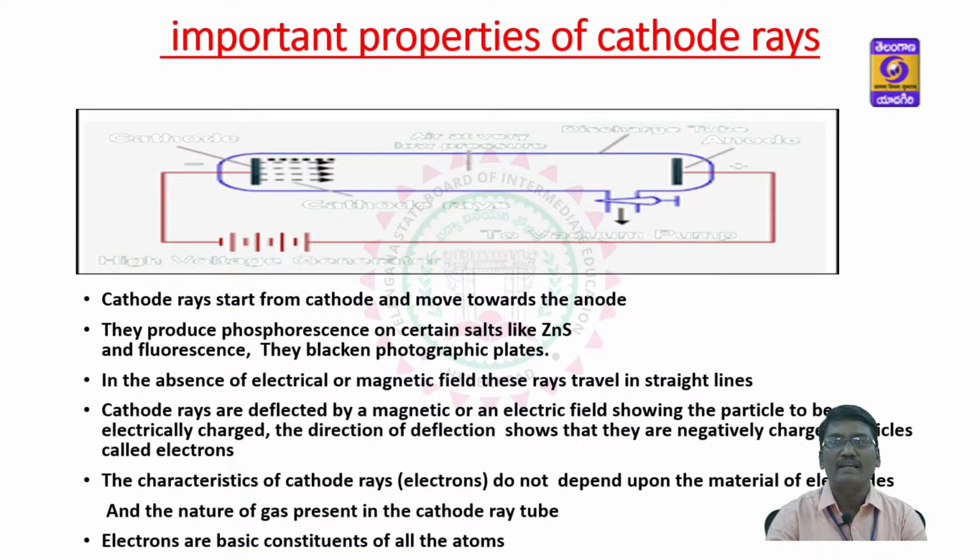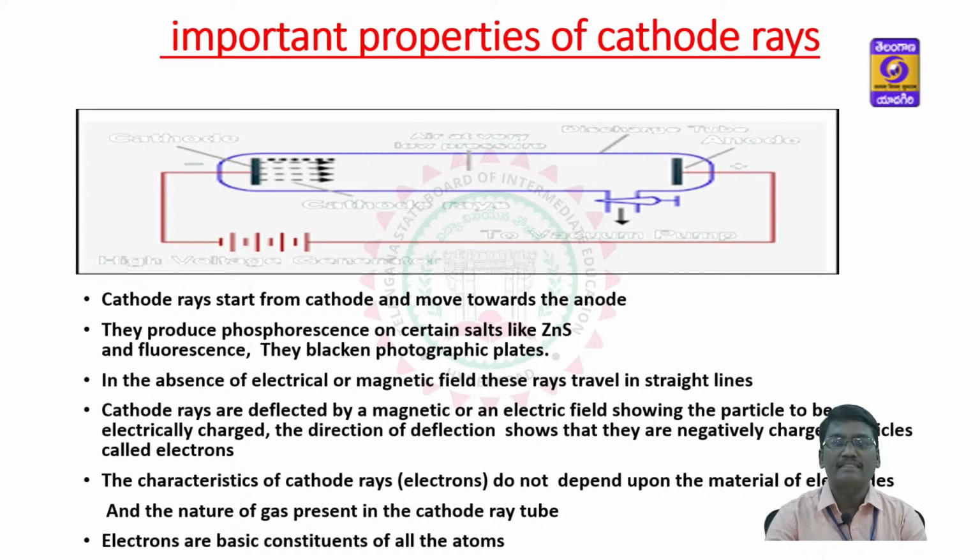Cathode rays are deflected by magnetic and electrical fields, showing the particles are electrically charged. The direction of deflection shows that they are negatively charged particles. That's why they are called electrons. So cathode particles are also called electrons.